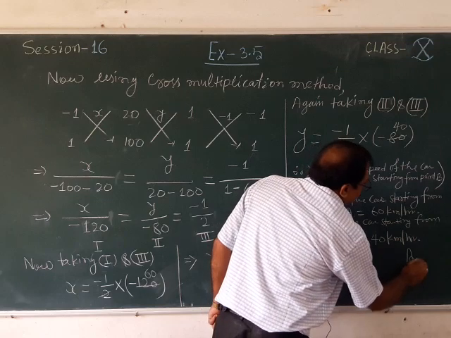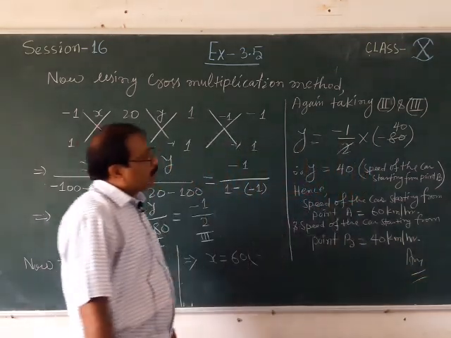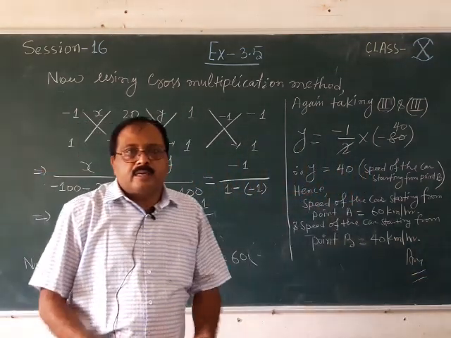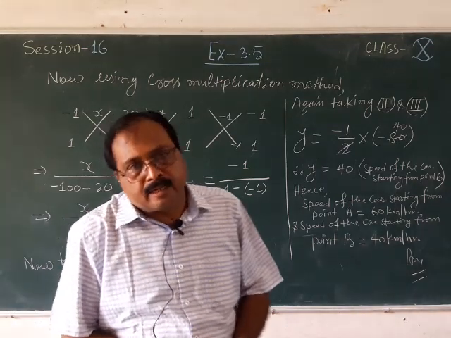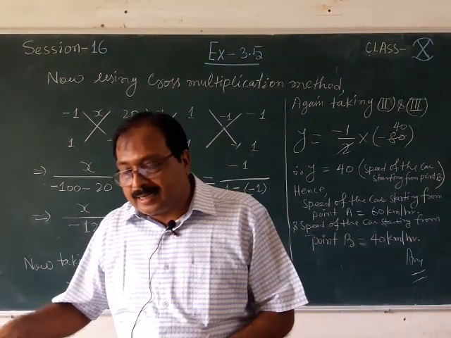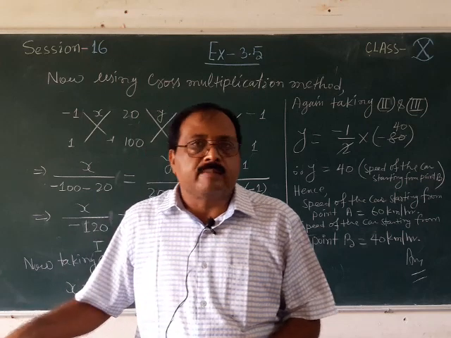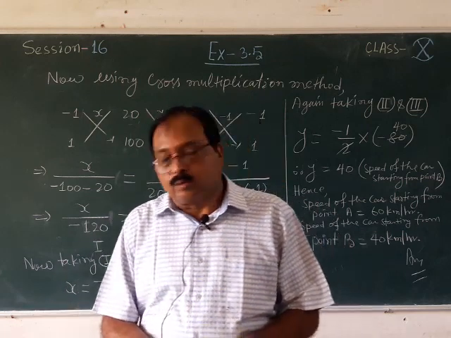Like that you can write your answer over there. So you have seen how easy the cross multiplication method is. If you practice it, it will save your time and energy in doing questions of such type.